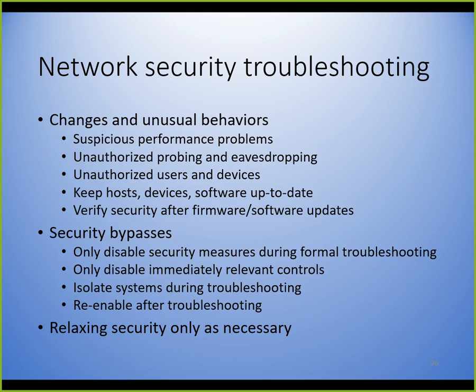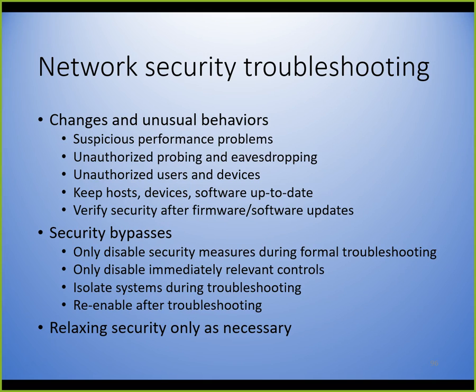Bypassing security, only disable them during formal troubleshooting. Only disable the relevant controls, isolate the systems during troubleshooting, and then re-enable after troubleshooting. And the story I told about the German storing his movie was security was bypassed, opened a hole in the firewall, a really insecure hole in the firewall because it was anonymous access.